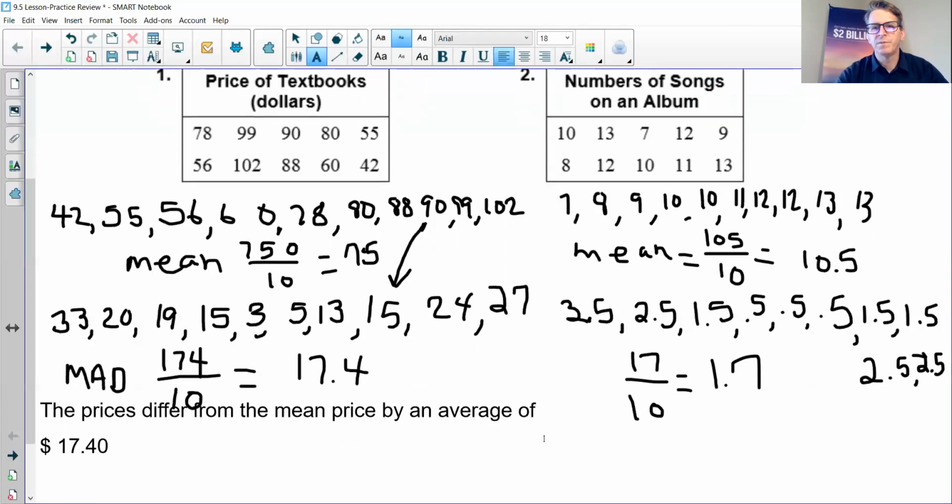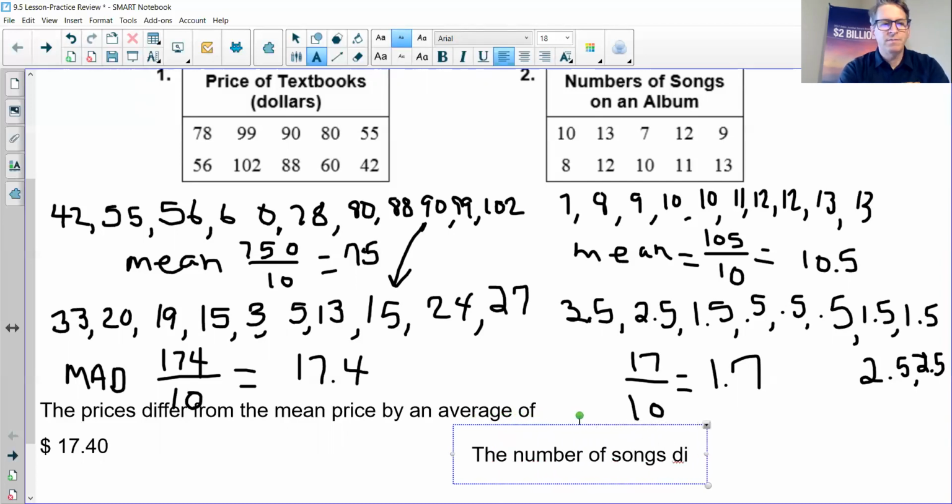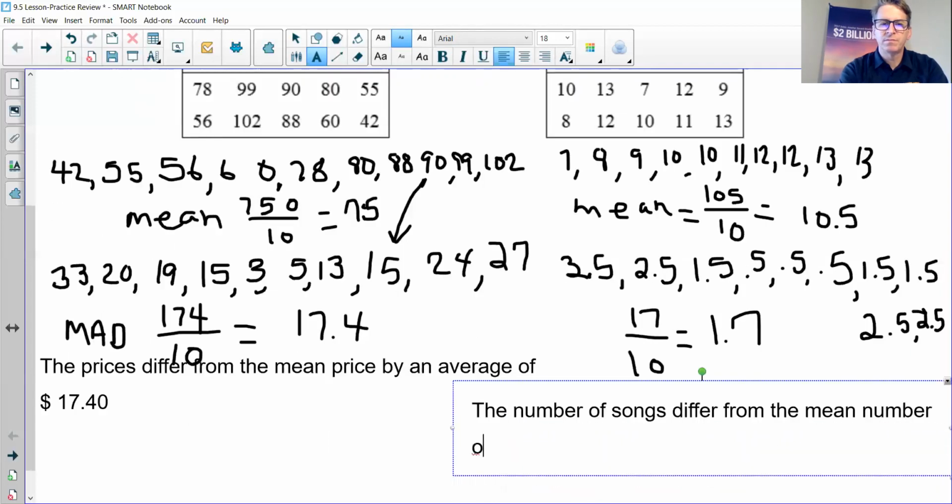So for number 2, that means the number of songs differ from the mean number of songs by an average of 1.7 songs, or about 2 songs.